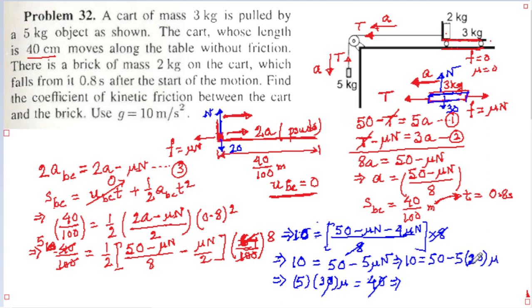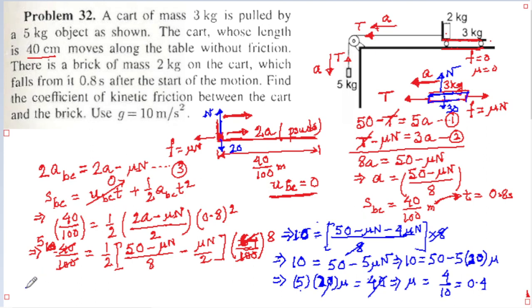Instead of n we can write 20. If we cancel the 0 and 0, then 10 mu equals 4, so the coefficient of friction is 4 divided by 10, which is equal to 0.4.